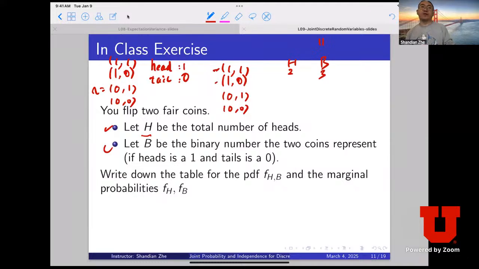What's the corresponding value of H and B? Yes, exactly. For 1, 0, you only see 1 head, and the binary number 1, 0 converted to decimal is 2. How about 0, 1?